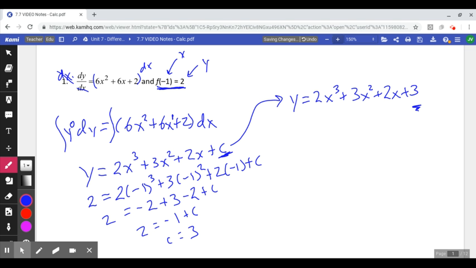We've actually solved this one for y already. It's set up pretty nice for us. In the problems in the future, we'll have to do a little bit of solving work here. But we've solved this for y. We found our value of c, and that is the particular solution that has a derivative of 6x squared plus 6x plus 2 and has this point as part of the solution.